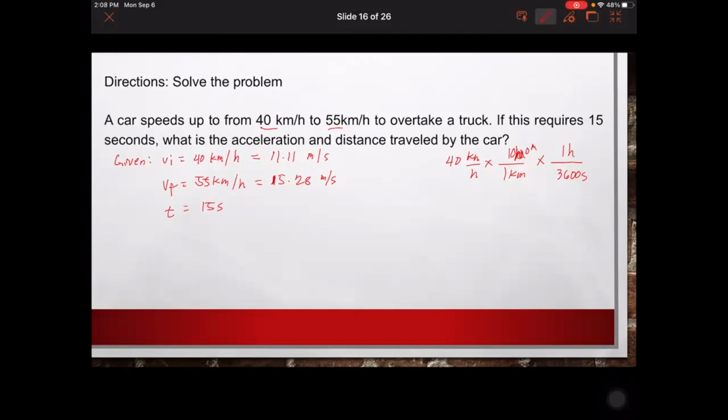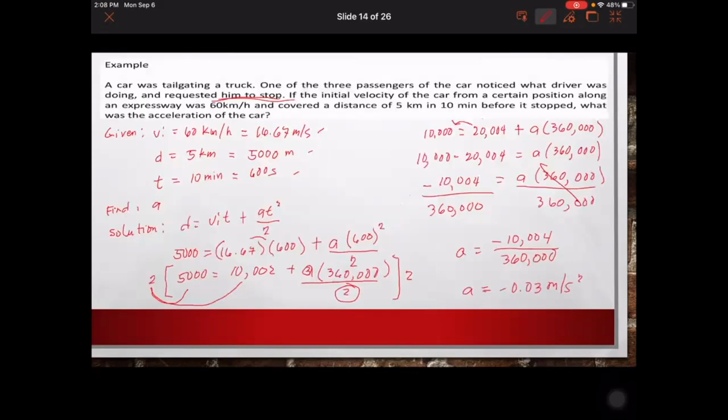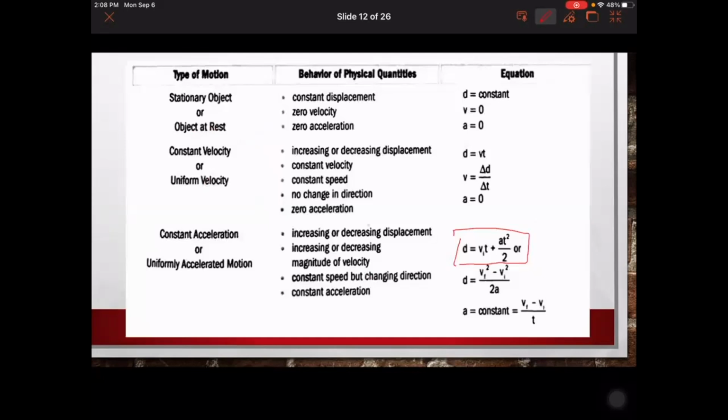Now, ang tanong is the acceleration. Find for A. How to find for A if the given is initial, final, and time? What formula are you going to use? A is equal to VF minus VI over time.